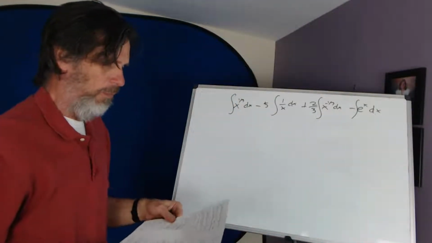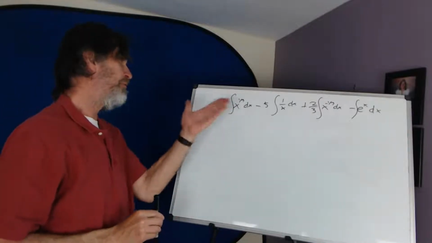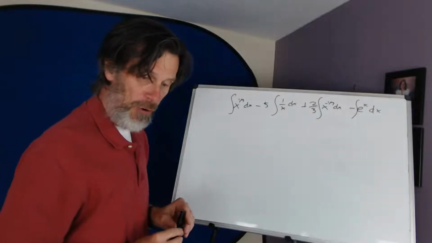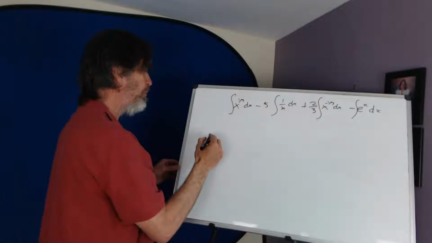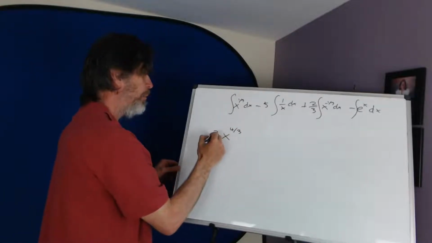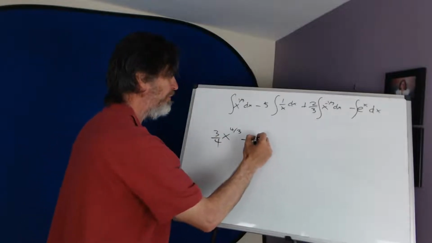So since there were 4 terms separated by pluses and minuses, I rewrote these as 4 terms separated by pluses and minuses. If they had a coefficient, I moved the coefficient in front. So here we go, the power rule. Let's see, keep the x, raise the power by 1, multiply by the reciprocal of the new power. Done. Minus 5.